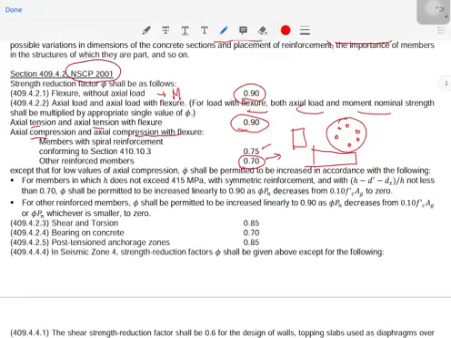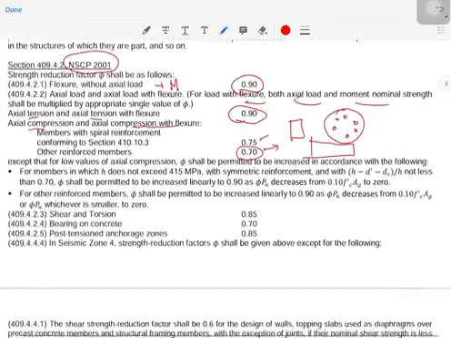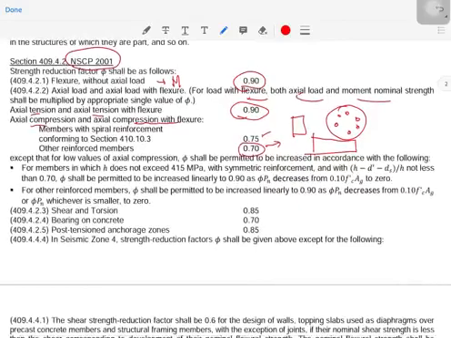So for members in which fy does not exceed 415 MPa with symmetric reinforcement, and with (h − d′ − ds)/h not less than 0.7, φ shall be permitted to be increased linearly to 0.9 as φPn decreases from 0.10 f'c Ag to 0.